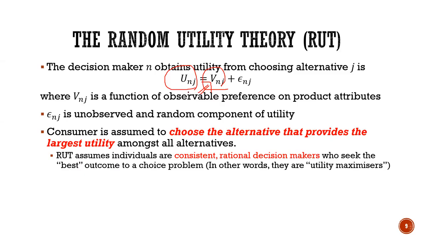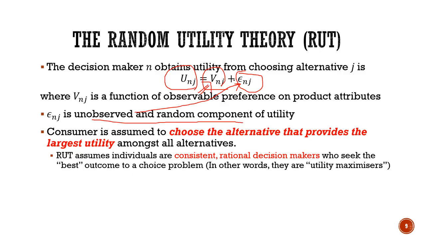So there are two components to the consumer's utility. One is the observed preference for the product attributes, and the other component is this term E, which is the unobserved component. So there may be a lot of other factors or noise that might drive the consumer's decisions.